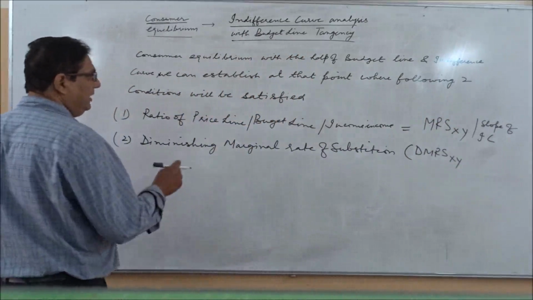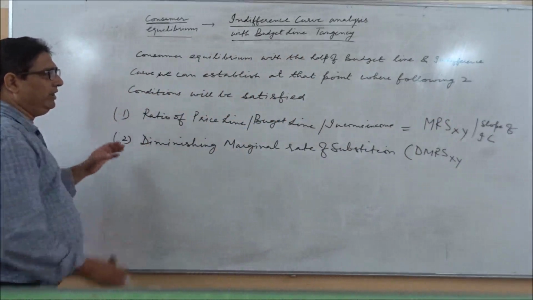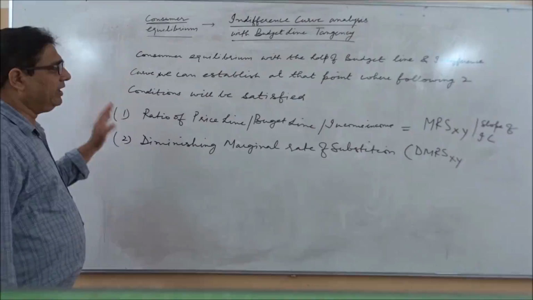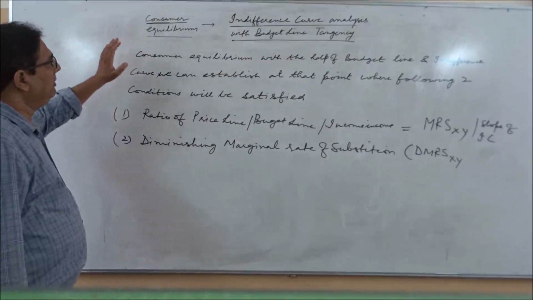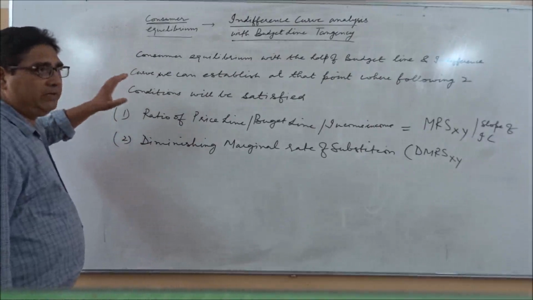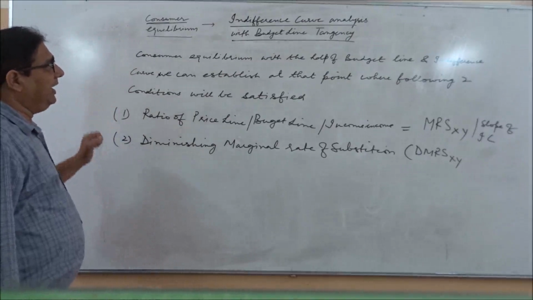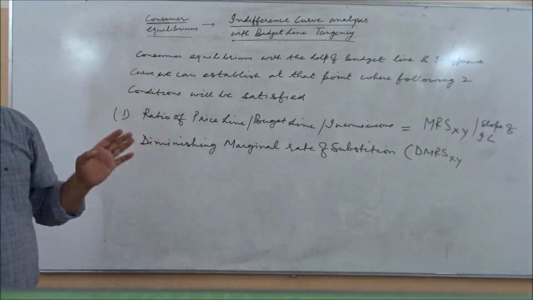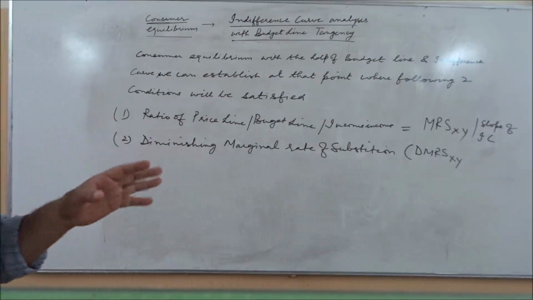So my dear student, where these two conditions will be satisfied, a consumer equilibrium will be established at that point, right? This is a point where the indifference curve is tangent.